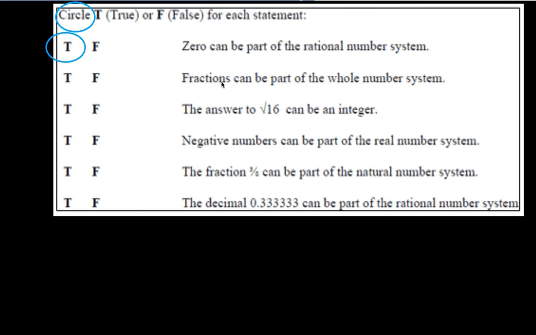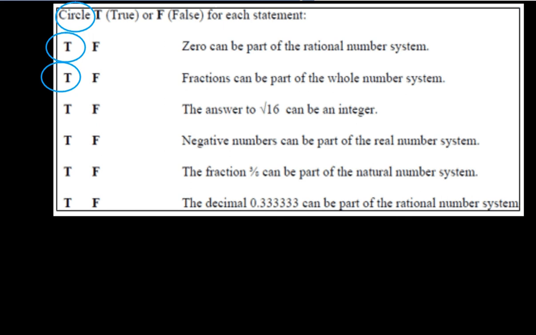For the second part, it says fractions can be part of the whole number system. Well, let's see. I'm going to say that's true, and I'm going to back it up with an example. For a whole number, we're saying that needs to be a full value.